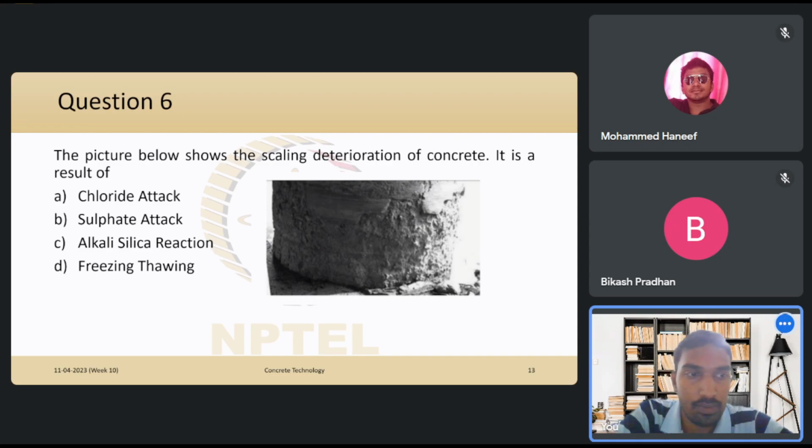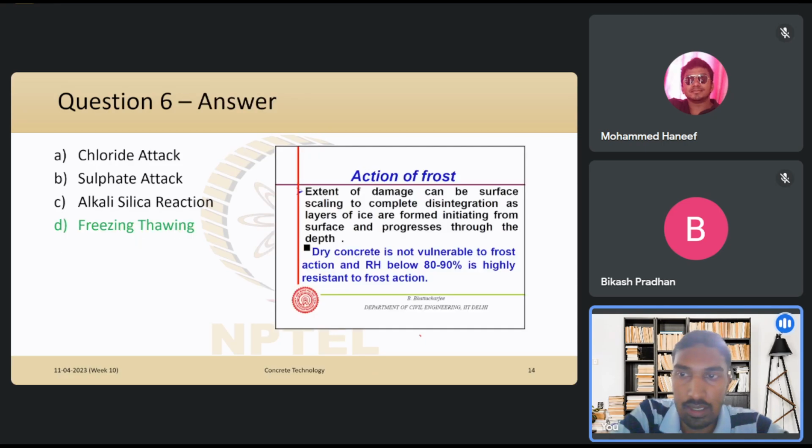Okay, we have one vote for sulfate attack, one for freezing thawing. So the right option is D, freezing and thawing. When we looked at the reaction of frost, we saw that the type of damage it can cause ranges from surface scaling to complete disintegration because of the formation of ice layers.